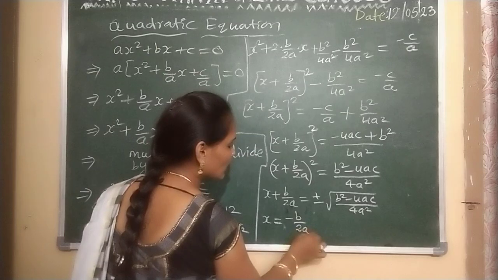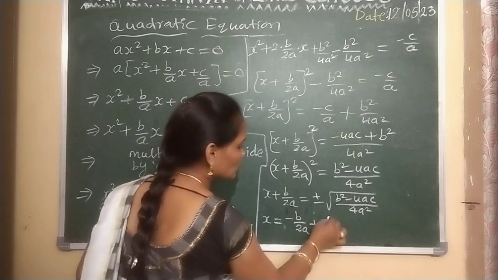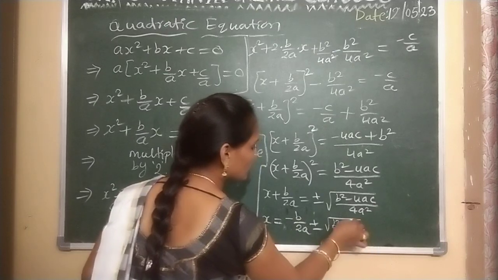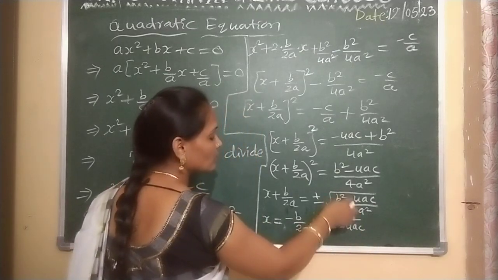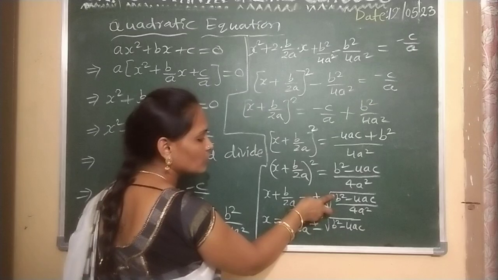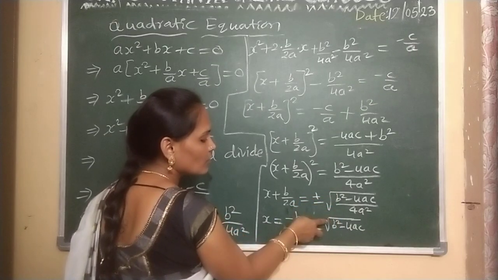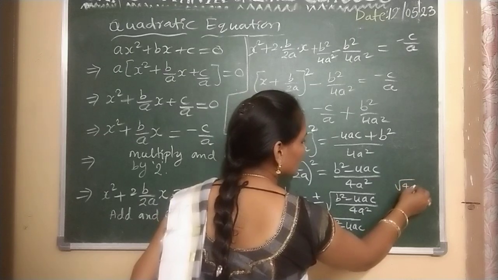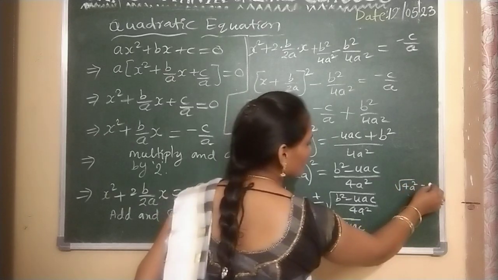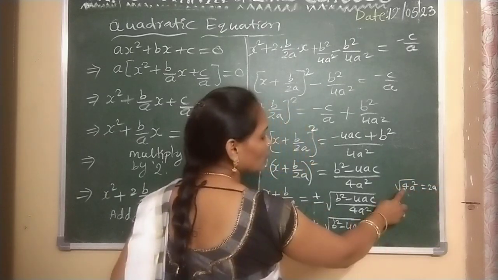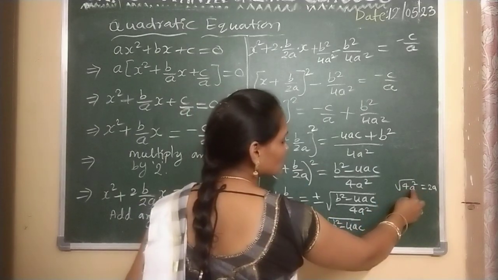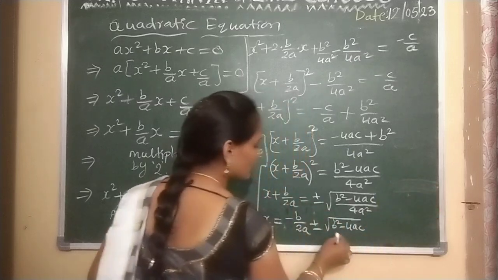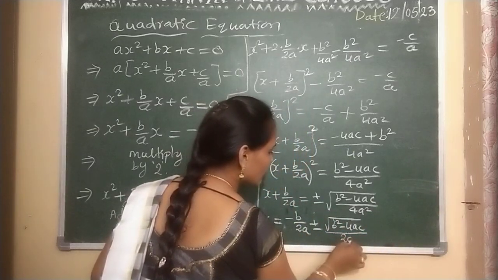Minus b by 2a plus or minus square root of b square minus 4ac by 4a square. If you take square root for numerator and denominator, for numerator as it is, for denominator the square root will become 2a: 4 will become 2, a square will become a.